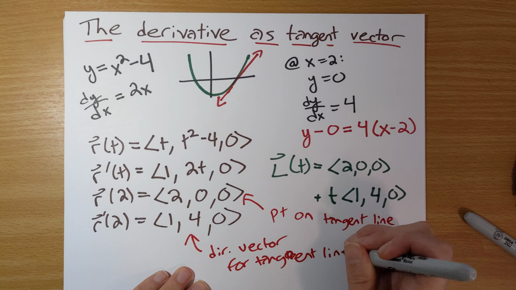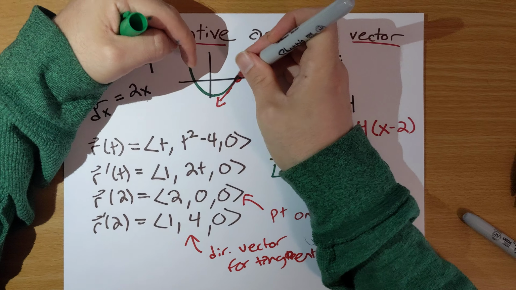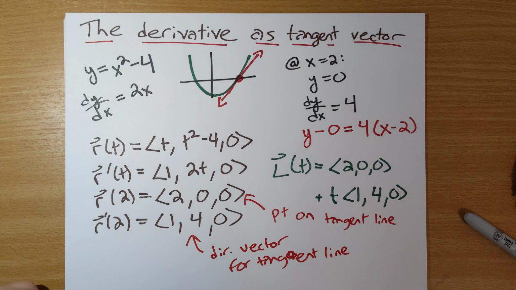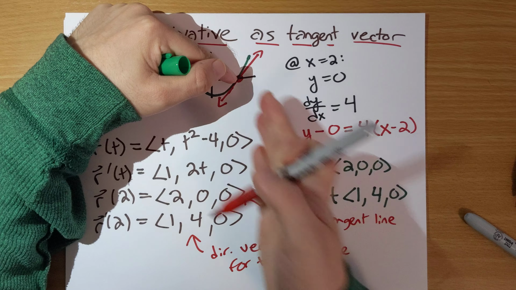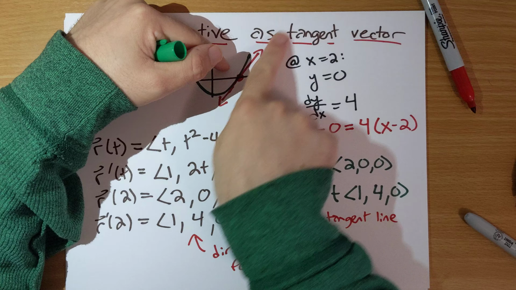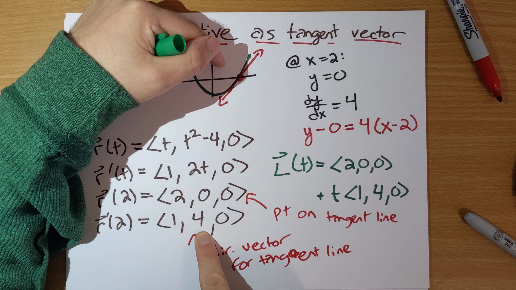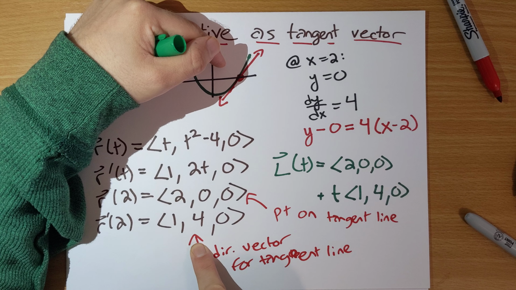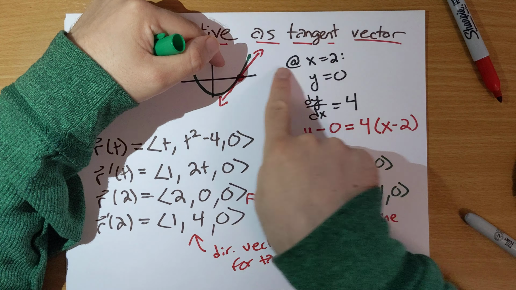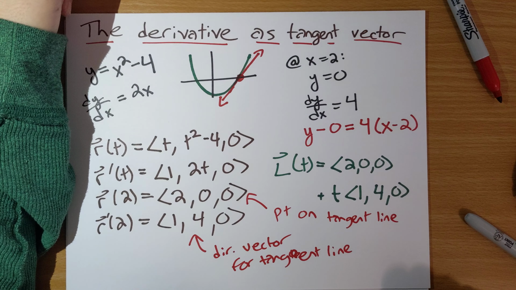So right here, thinking of this in 3-dimensional space, I'm not drawing the 3rd dimension here, but the point 2, 0, 0. And going in this direction, if x increases by 1 unit, y increases by 4 units, z doesn't change, that sure seems like a slope of 4 here. So the vector 1, 4, 0 is pointing in the direction of our tangent line.